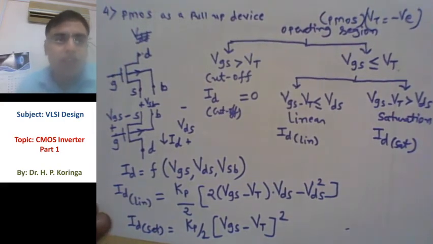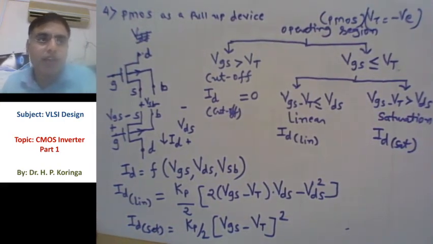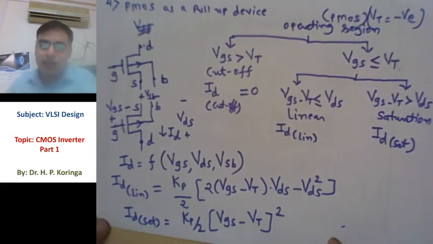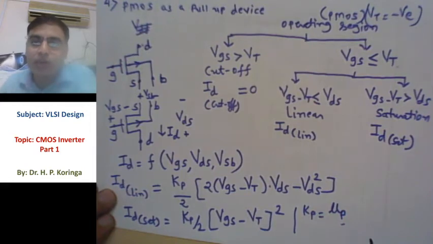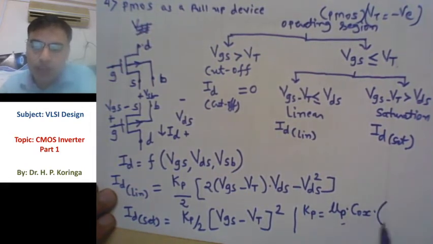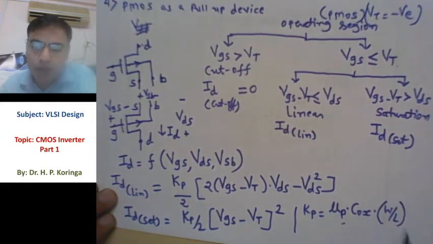So this is what we require, which I have defined here for the P MOSFET. And the transconductance of P MOSFET, Kp, is equal to mu p, the mobility of hole, into COX into W upon L of the MOSFET.